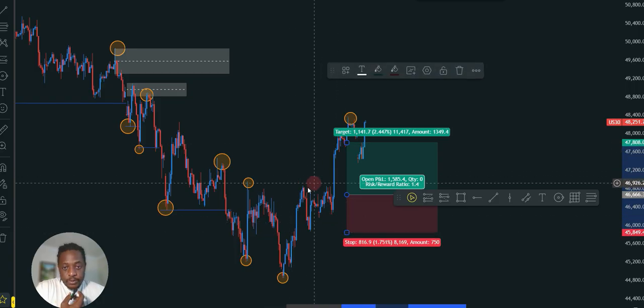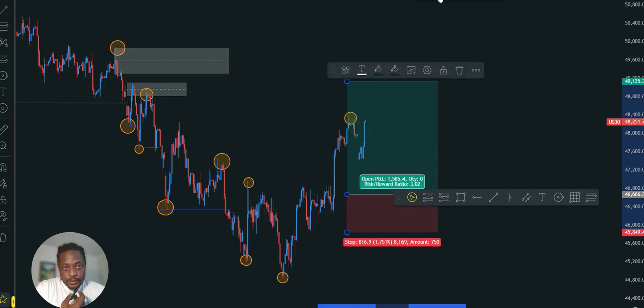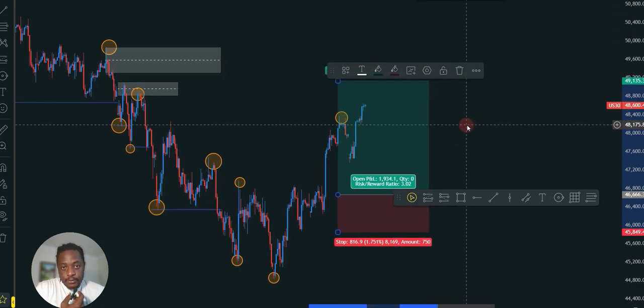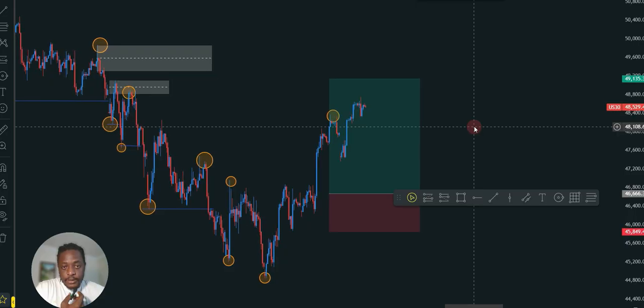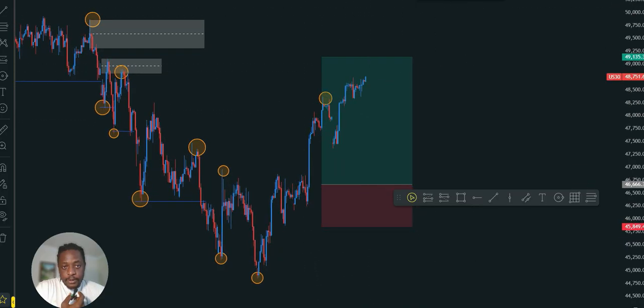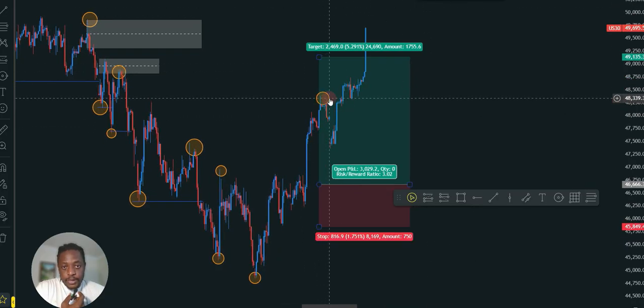I would take this with some level of confirmation. Something like that, if it chooses to come back. So again, bear in mind that now we've also broken that swing, that point has been broken.